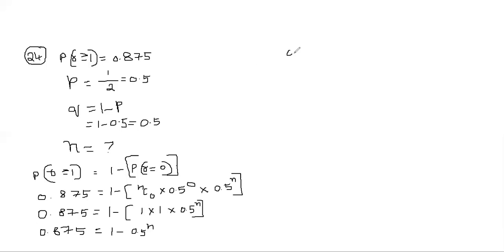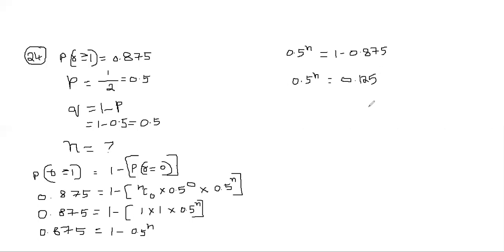That is, 0.5 raised to the power of n is equal to 1 minus 0.875, which is 0.125.